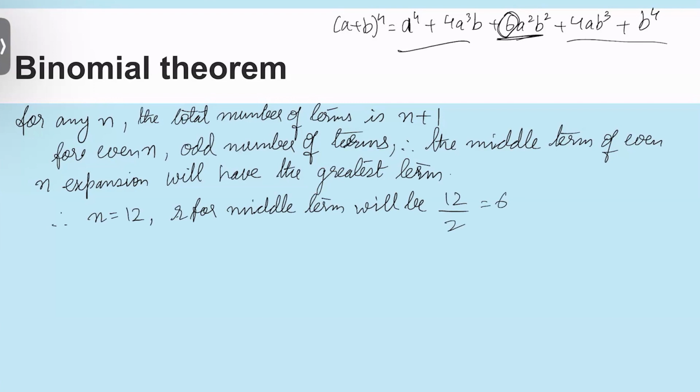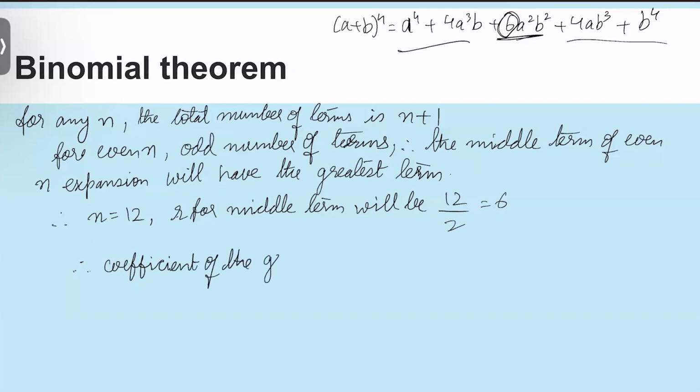So the coefficient of the greatest term is 12C6. Now if we evaluate this, you will have 12 factorial over 6 factorial, and we will expand the other 6 factorial, so 6 into 5 into 4 into 3 into 2.